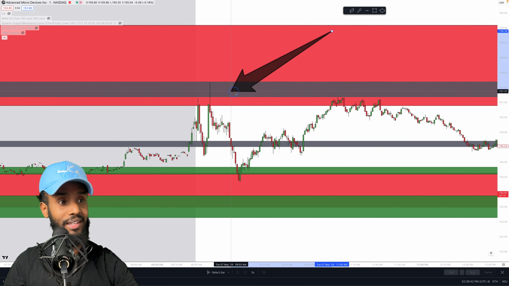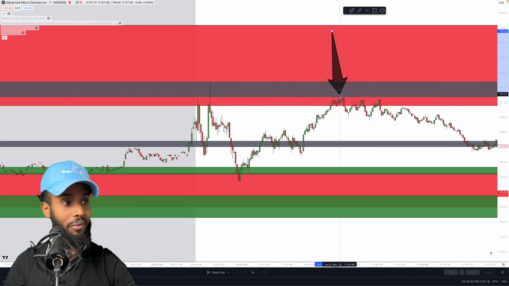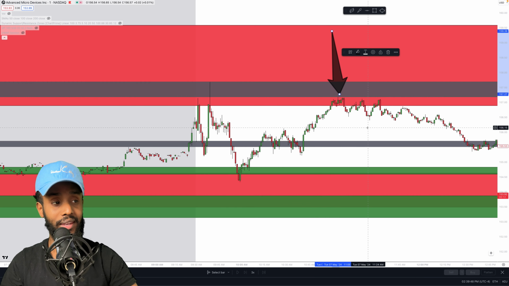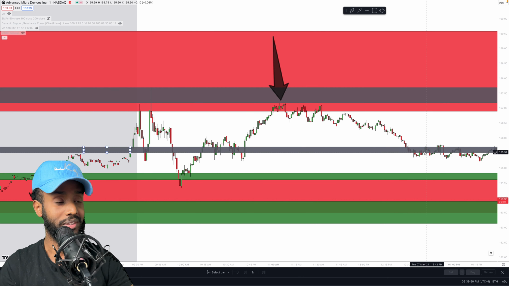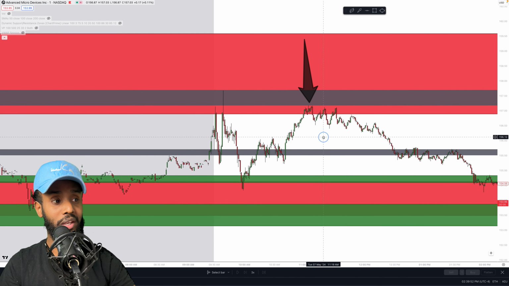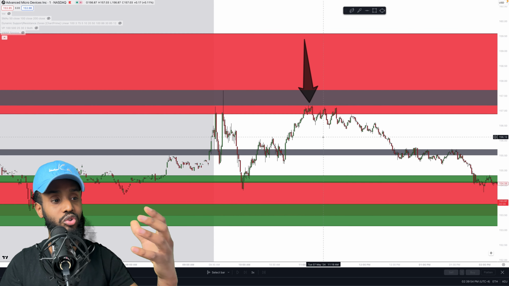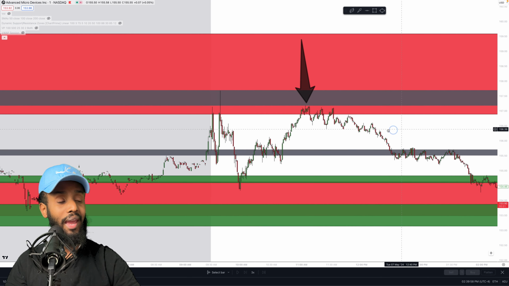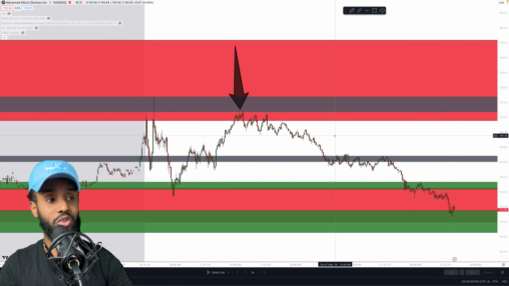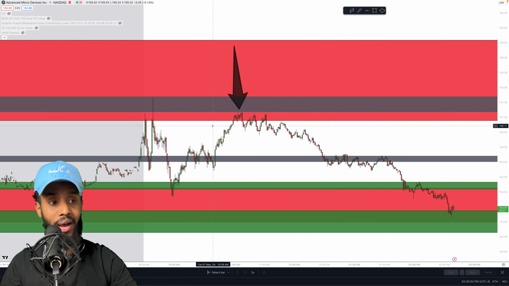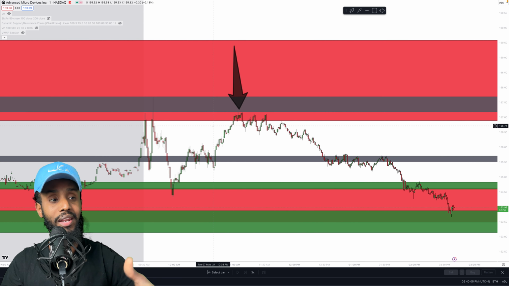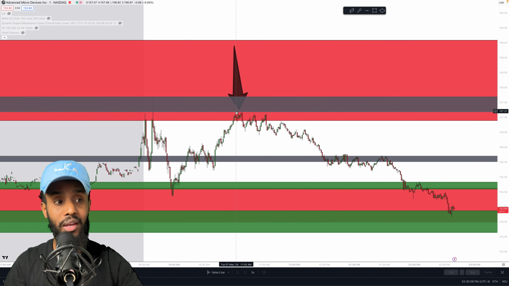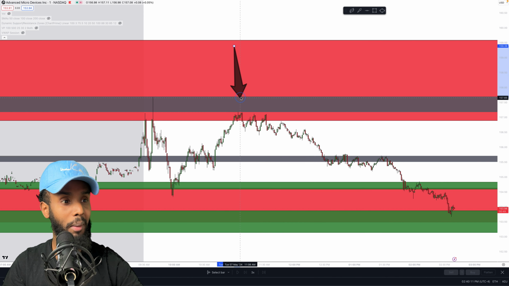So the second time around that this comes here, I am trying to see, can those sellers do that again? I enter a short position in anticipation that those sellers are still strong at this 157 area. My strategy is, if those buyers somehow find that momentum and push this thing higher, my risk is only above this level.